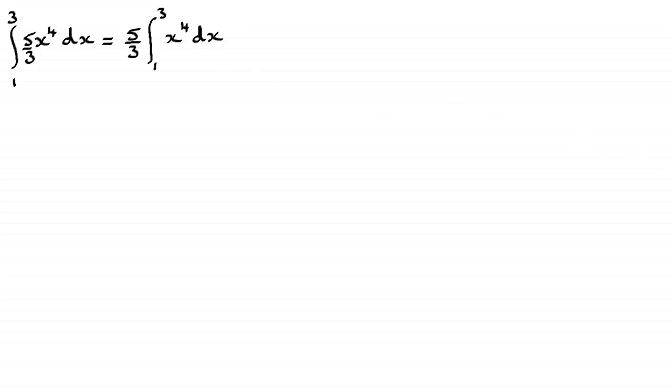Now that means we've just got to integrate x to the power 4 with respect to x. And if you do that, you should find you get x to the power 5 over 5. And that means we can simplify this. These 5's cancel. So if you do that, you're going to end up with 1/3 now out the front, just x to the power 5 inside these square brackets with those limits 1 and 3.